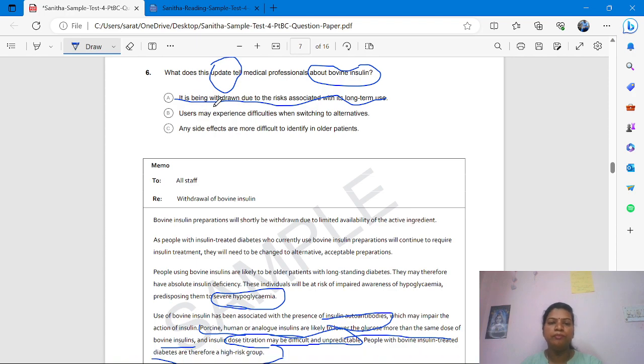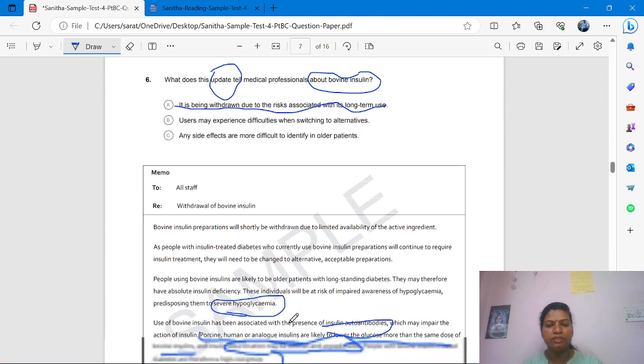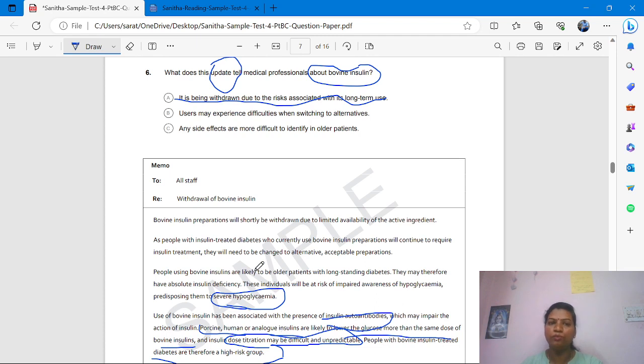But it is not saying anything about withdrawal due to risk associated with long-term use. It's the unavailability of bovine insulin. Yes, they may experience some difficulties. We have to keep it as a query. Maybe this answer will come.